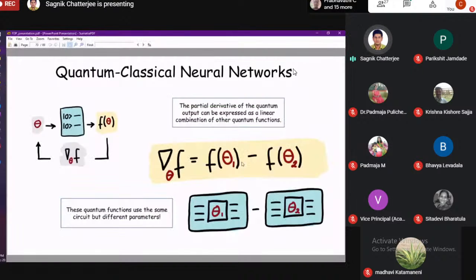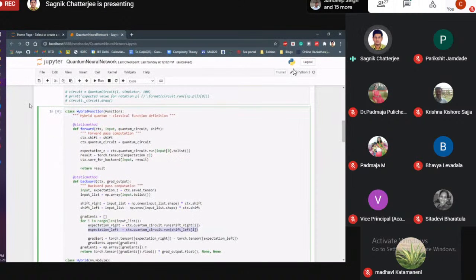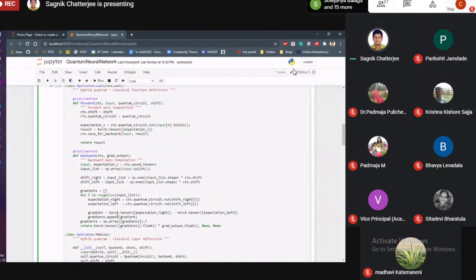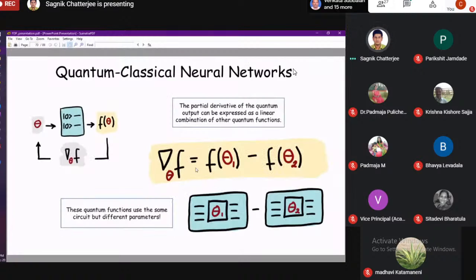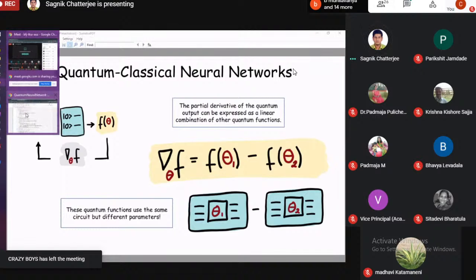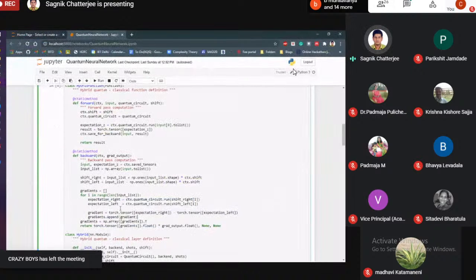The right expectation is the value of f theta 1, left expectation is the value of f theta 2, and then we take the difference of these two. The gradient of the original function is the difference of these two tensors, and then we append this gradient to the already existing gradients. This is how you do the back propagation for quantum nodes in neural networks.